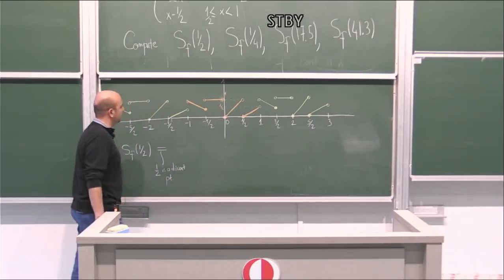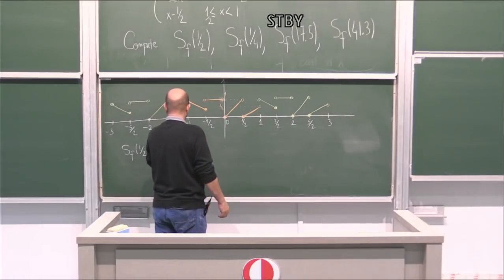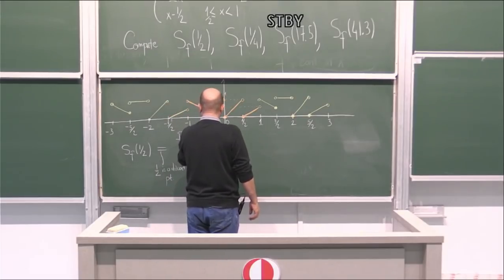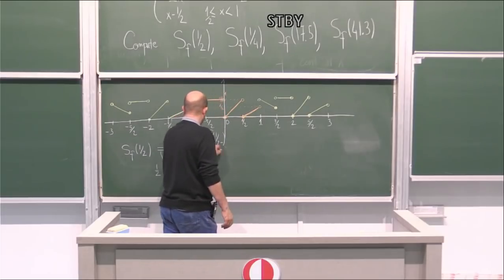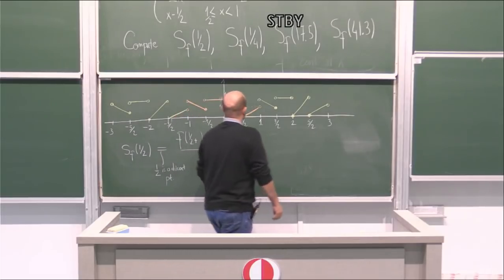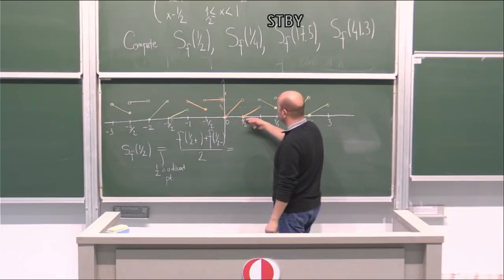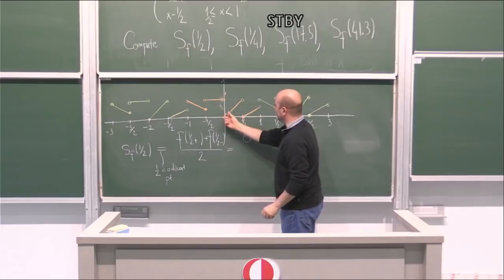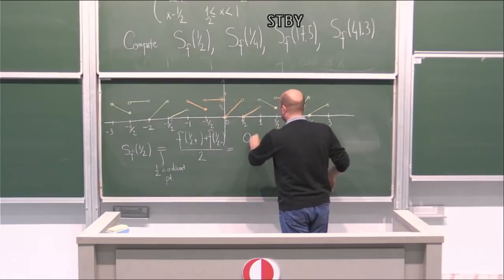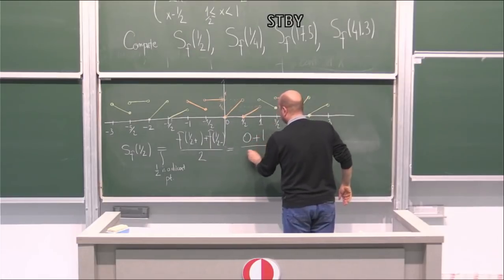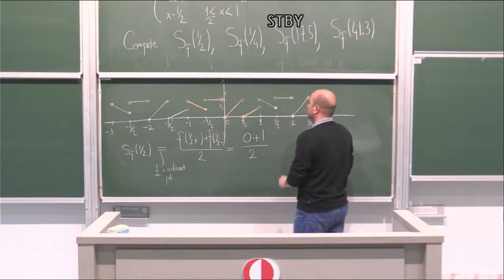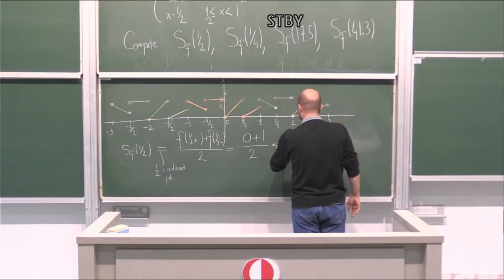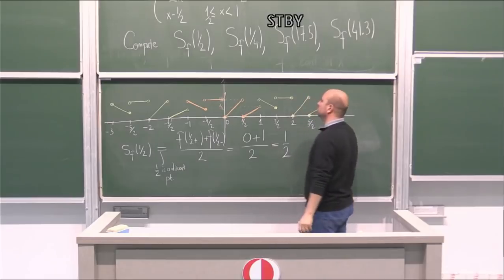So I will look at the right limit plus, I will look at the left limit minus, and divide by 2. If you look at the right limit, its value is 0. If you look at the left limit, its value is 1. And so if you divide by 2, then we get 1/2 again.